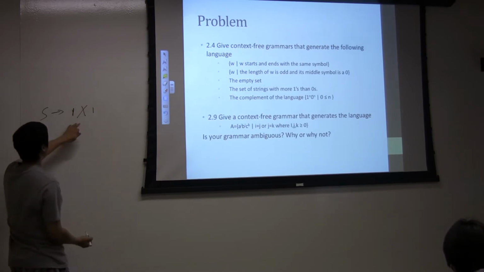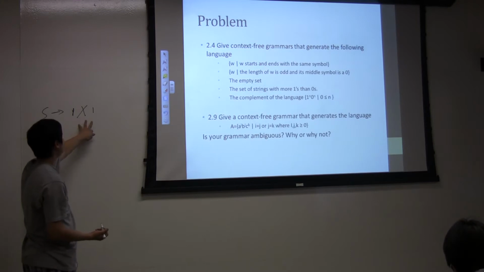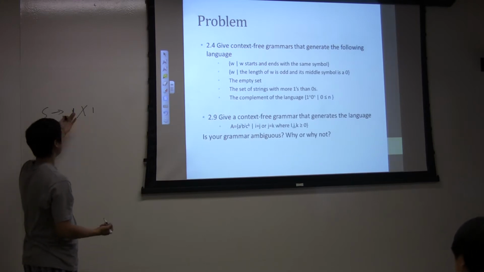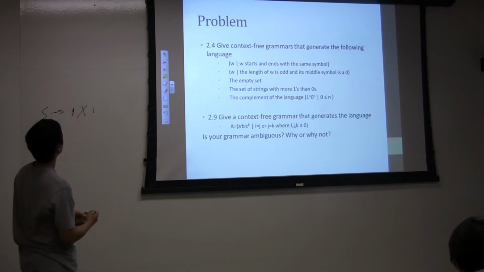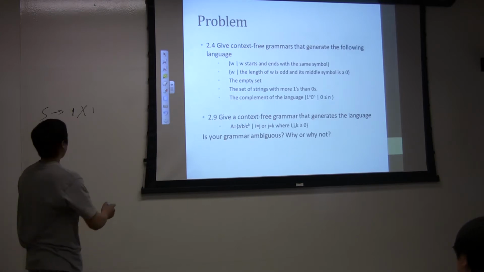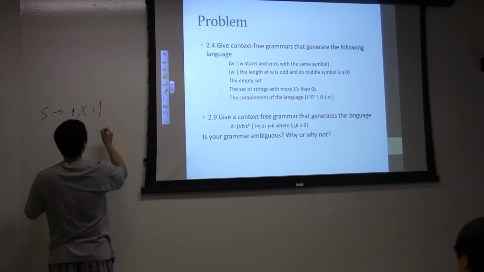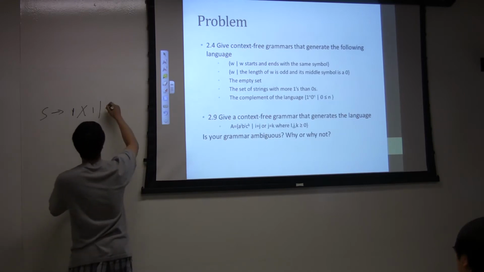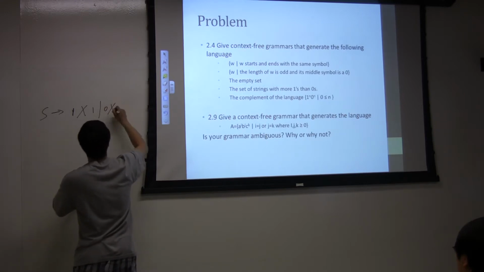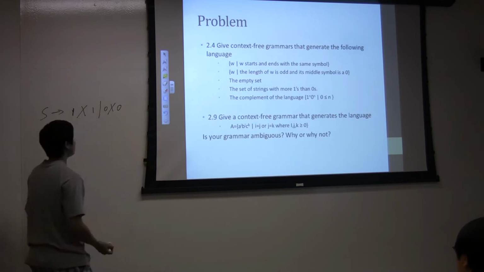And to the right or left of the variables, it can also generate something else, like symbols or variables. So this is one example of a context-free grammar. And what else can it do? It can do a disjunction over other expressions.